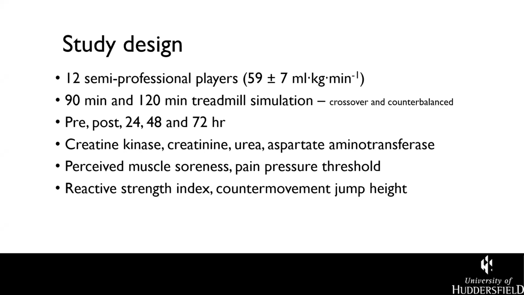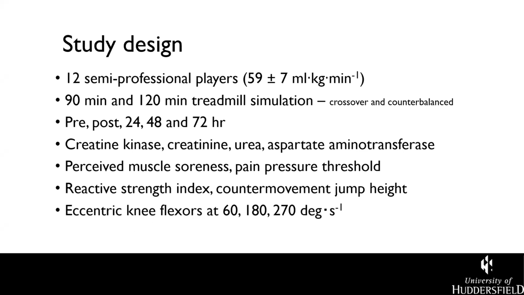We'll squat down first of all into a sort of 90-degree angle and jump as high as you can. And then isokinetic peak torque assessments of the eccentric knee flexors at a range of different speeds. So essentially strength assessments of the eccentric knee flexors. So as you can see here, quite a comprehensive assessment of recovery.